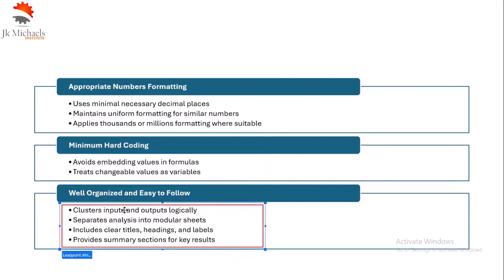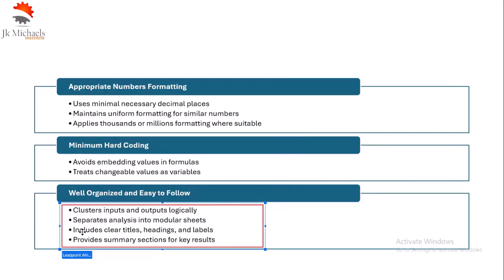And then cluster inputs and outputs logically. If there is a part where you need to make an input, and another area of the spreadsheet where you expect to have an output, let it be clear that these are inputs and these are outputs, right? Whatever analysis or breakdowns you want, put them in a modular or an adjacent sheet.